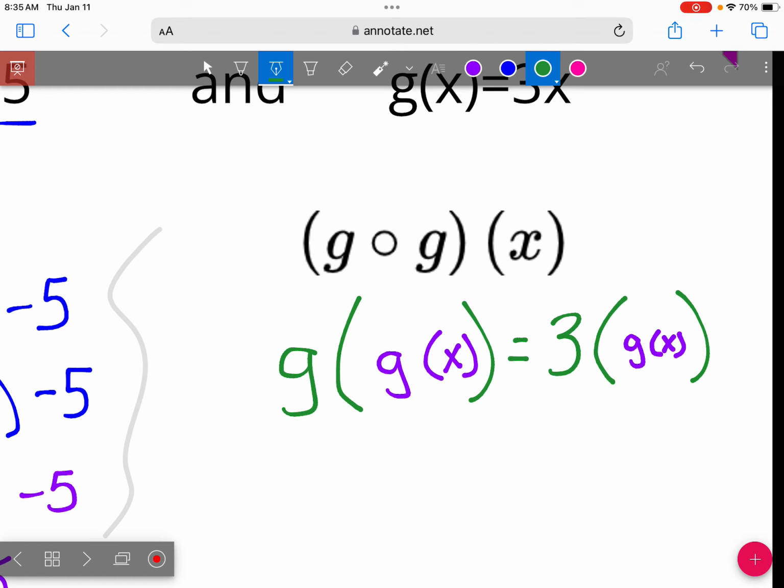The most common mistake I see on these is when we substitute this in, we leave an x here as well. Do not leave other letters. We're putting this g of x in place of the x. So this is really 3 times 3x.